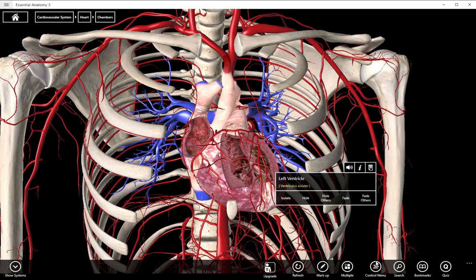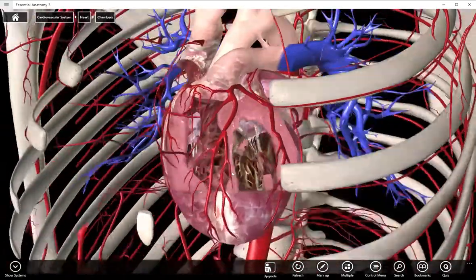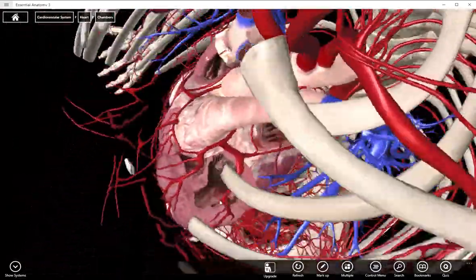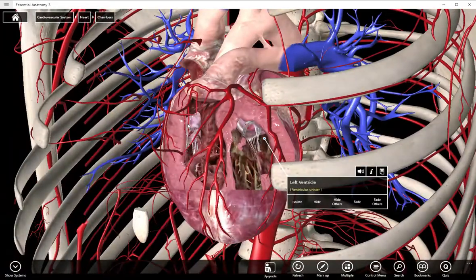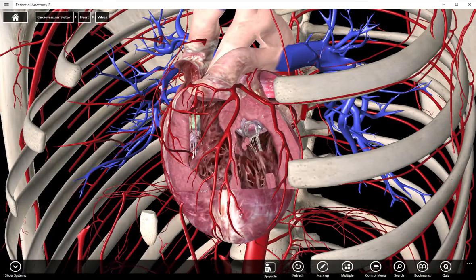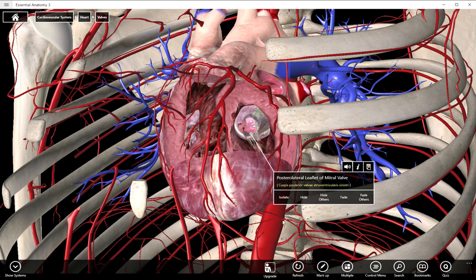All right, so let's talk valves now, and then we'll talk septa. So the valves in between the atria, the top receiving chambers, and the ventricles are located right here. You can see this one here and this one there. They break them out into the individual leaflets. We're not going to do that.